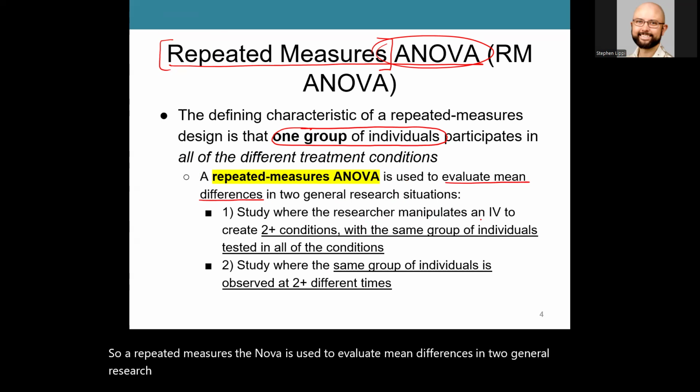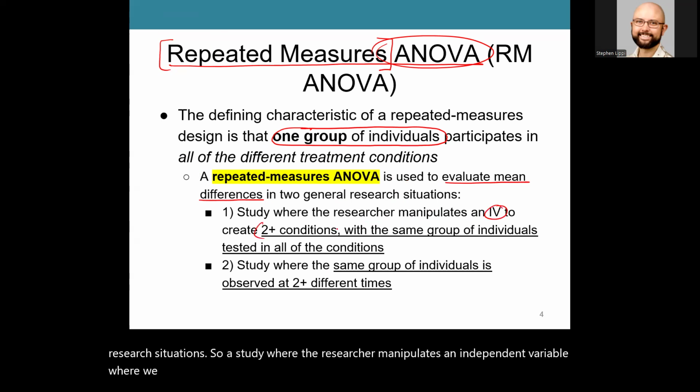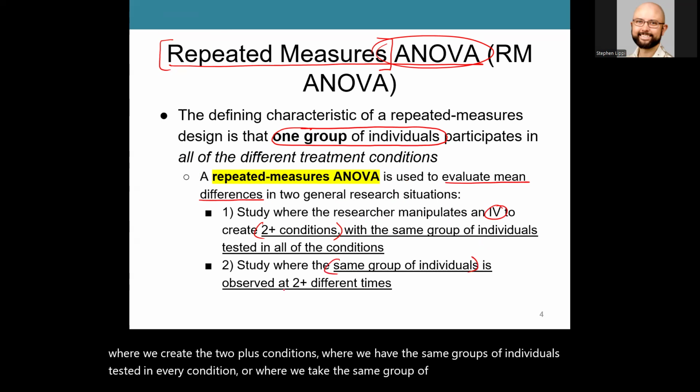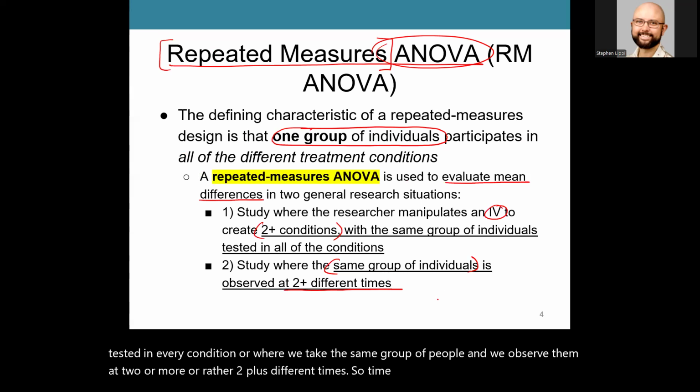The first is a study where the researcher manipulates an independent variable, where we create the 2+ conditions, and the same group of individuals is tested in every condition. The second is where we take the same group of people and we observe them at 2+ different times. So time point 1, time point 2, time point 3.